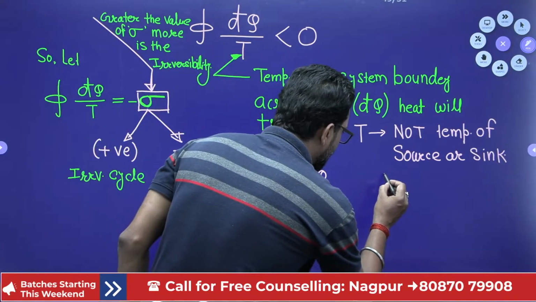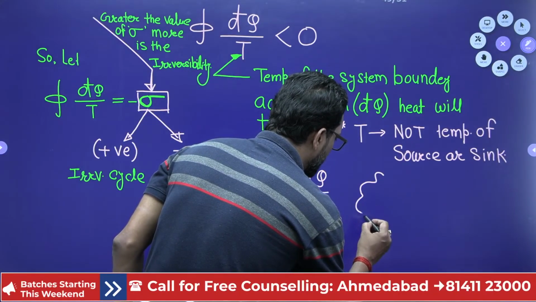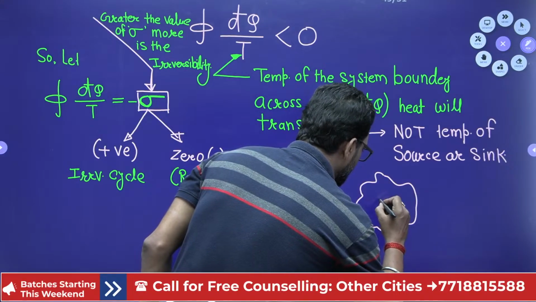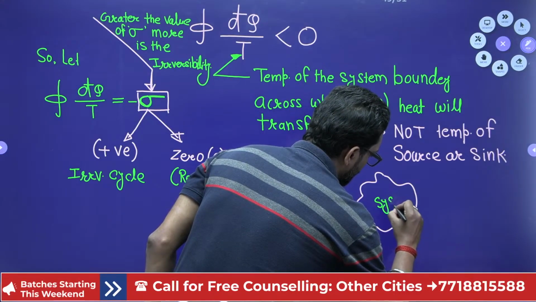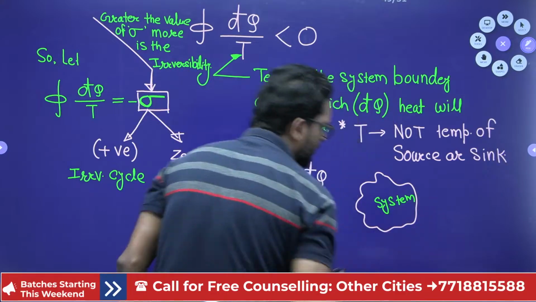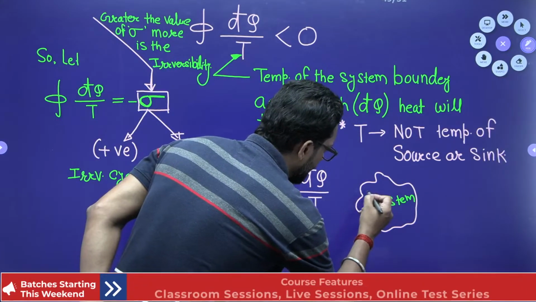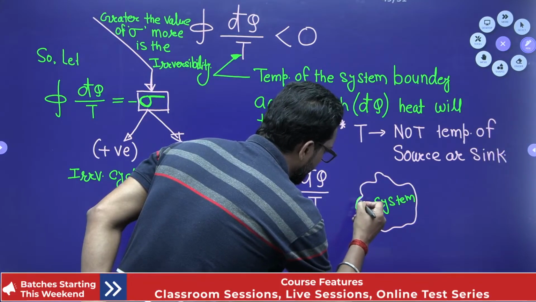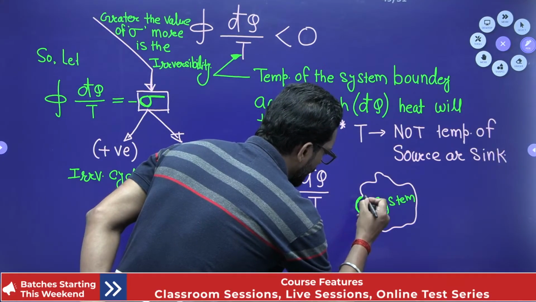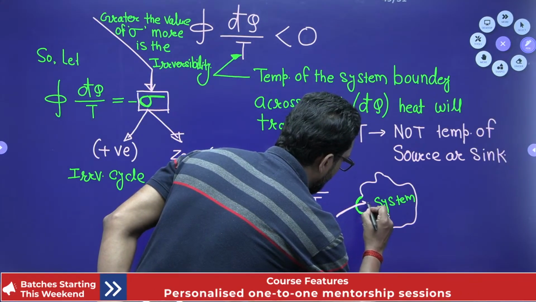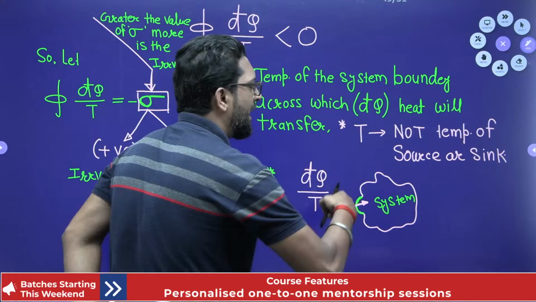If this is our system, let's suppose this is our system boundary, across which heat will transfer, either in or out.